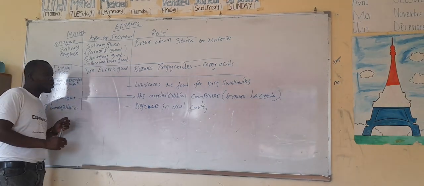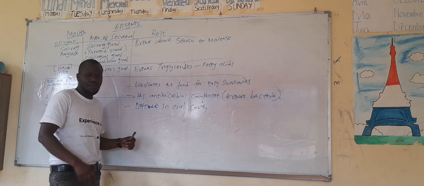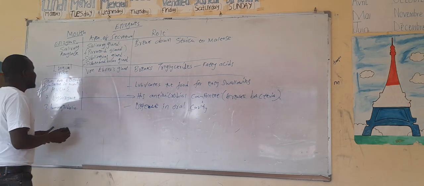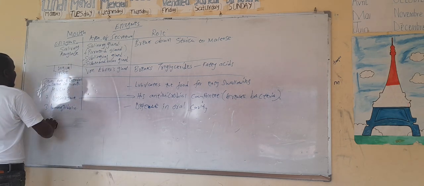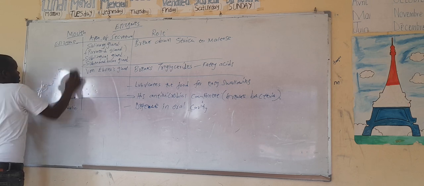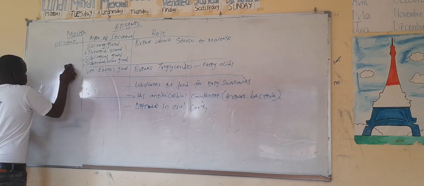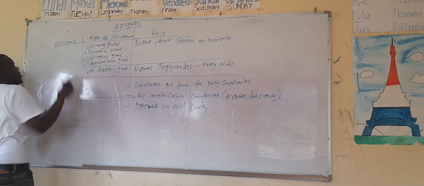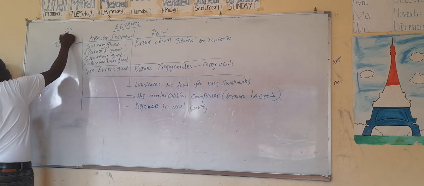Then the immunoglobulin, which plays a role of defense in the oral cavity. Let's go to number two, which is now the stomach. We are discussing the stomach.